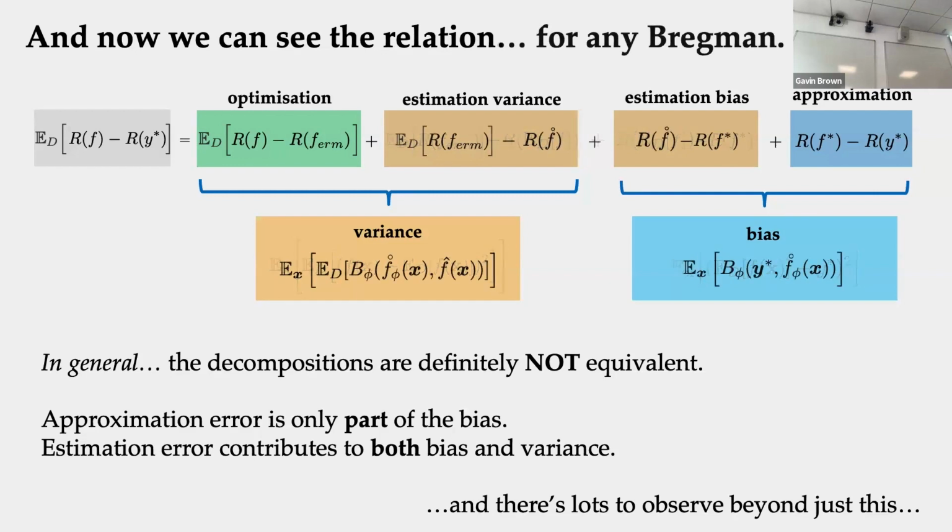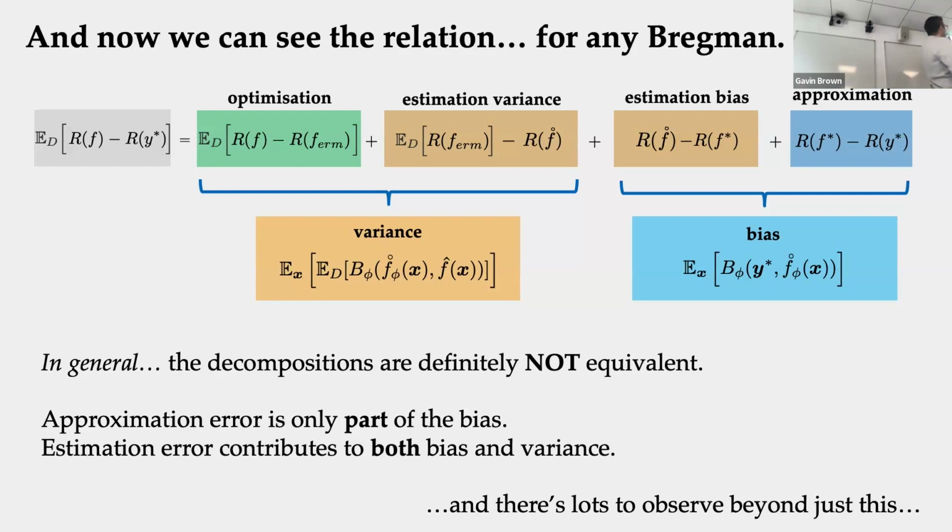It's just these two terms here that change. And this then holds for cross entropy, logistic loss, something called the Itakura-Saito divergence, which is used in non-negative matrix factorization algorithms. And so, yeah, this is the relationship, which again, I'm surprised hasn't been computed at some point in the last 50 years.